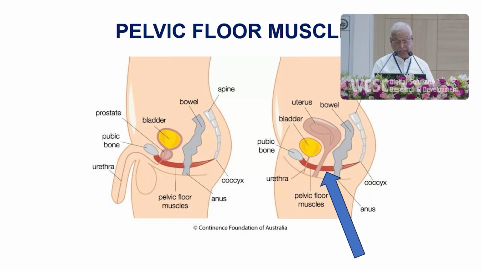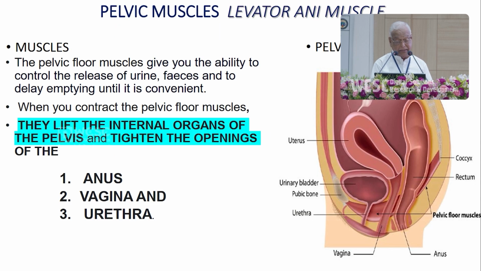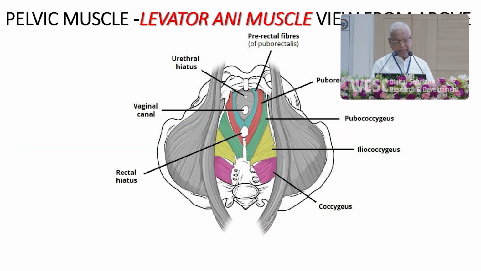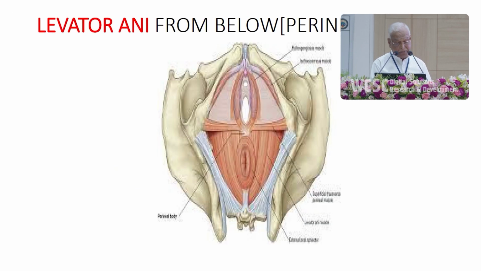In this Kundi we have three openings: the anus in the front, the vagina in the middle, and the urethra in the posterior aspect. The floor contains multiple muscles; when we see from above, this is the picture, and when we see from below, this is the picture.